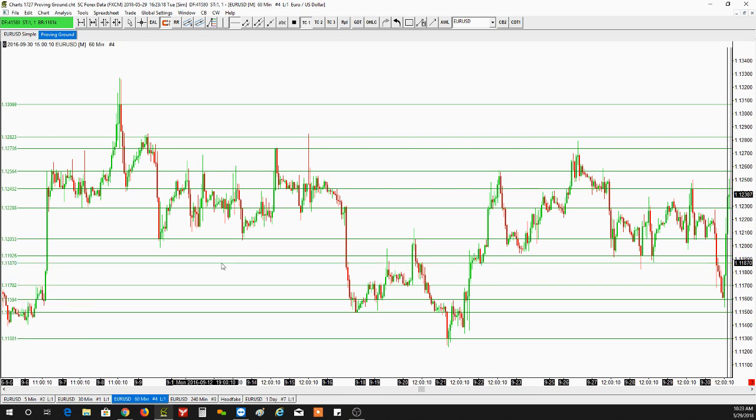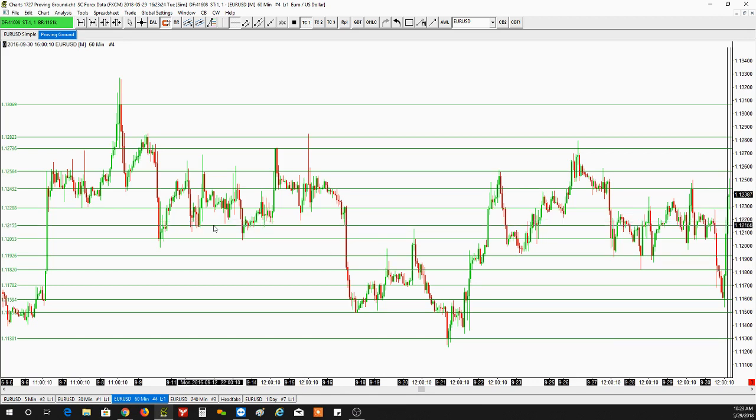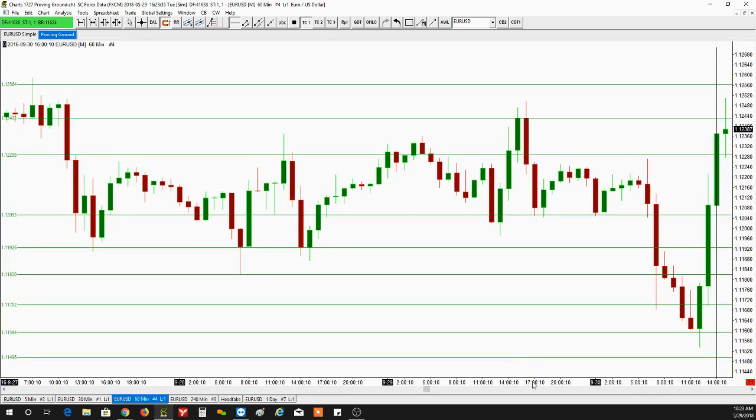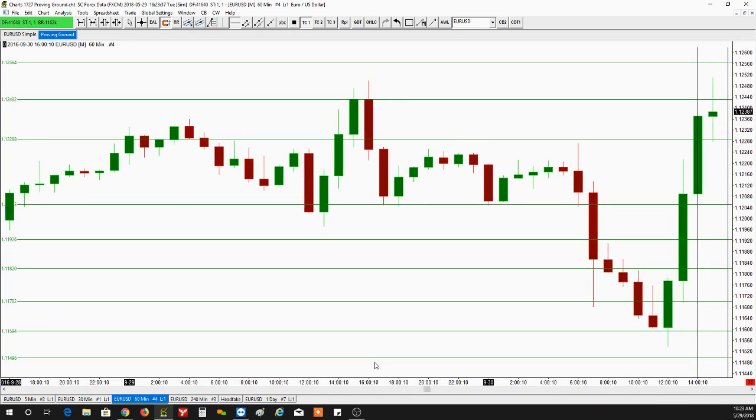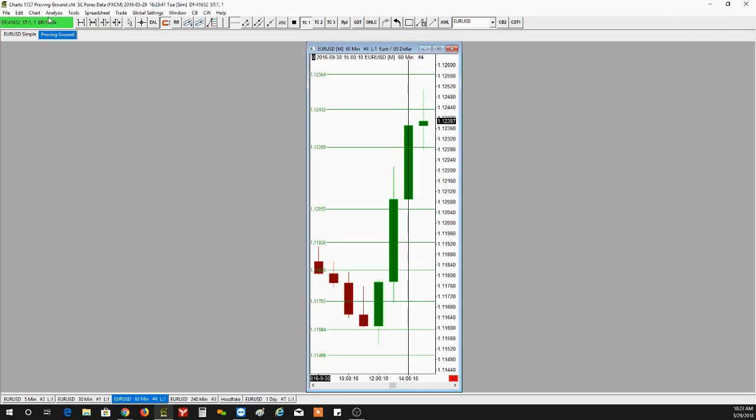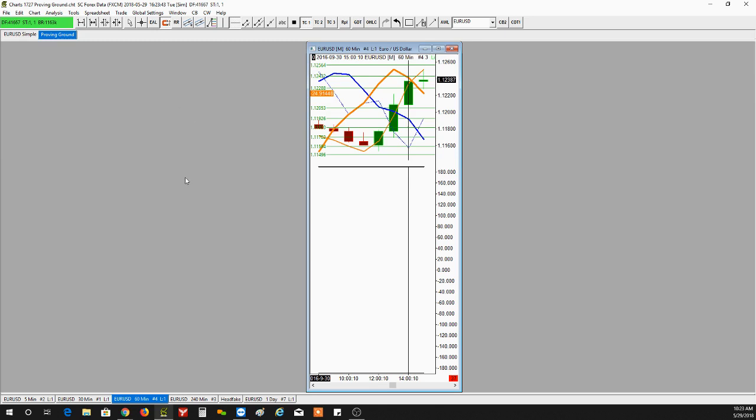Don't like it. This is getting ridiculous. All right, let's work with what we have. And we'll adjust as we go. Okay. All right. So here's our support resistance levels.